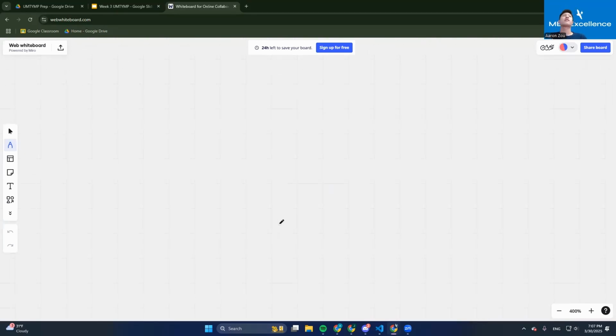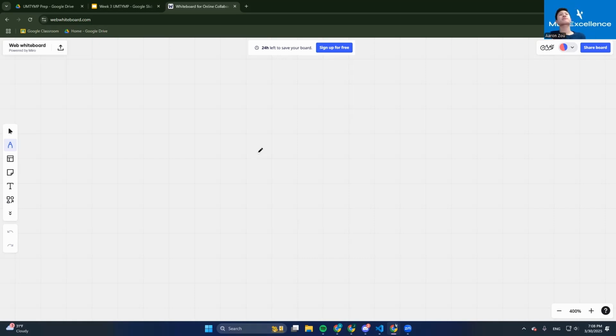Maybe you already know some geometry, but one thing that I remember being on my UMTYMP entrance exam was an area and perimeter question. So this is definitely a very important concept. It comes up in a lot of different questions, either in word problems or indirectly as one step of a bigger problem.